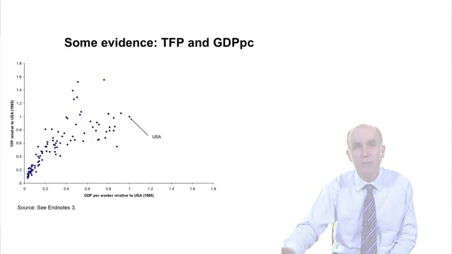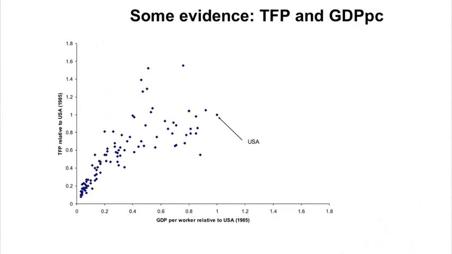So what is the evidence? Well, one first piece of evidence to present is just to show you that there is a strong correlation between TFP and GDP per capita. So this takes some data from the mid-1980s and early 1990s and looks at the relationship between GDP per worker relative to the USA and total factor productivity relative to the USA.